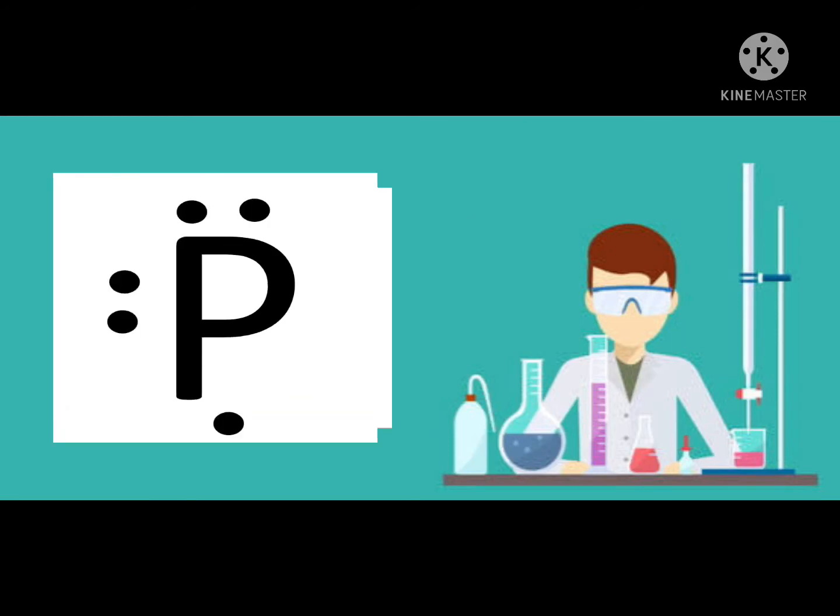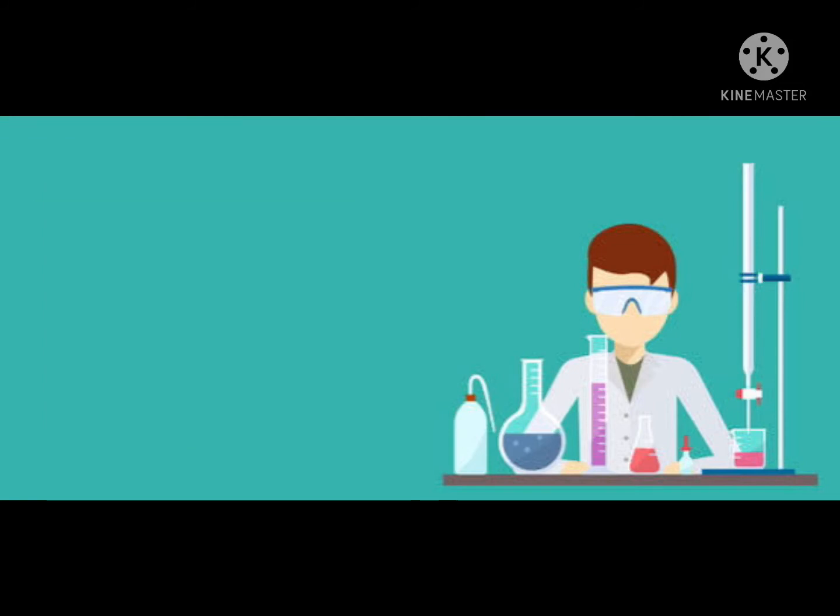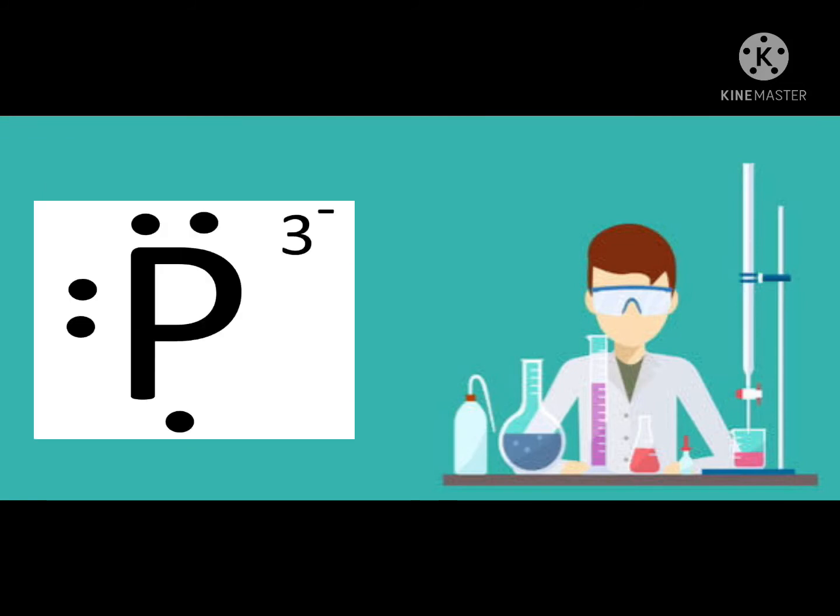So let's put 5 valence electrons around phosphorus, and that would be the Lewis structure for just phosphorus, the neutral element. But we are interested in P3-, the phosphate ion. So, we will put our 3- back up here and then change the name to phosphate.